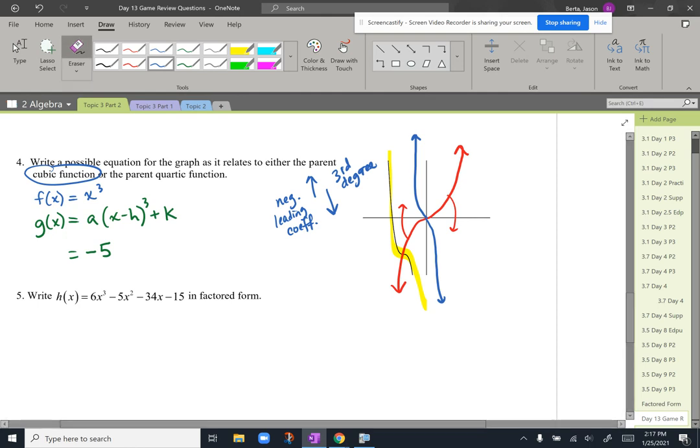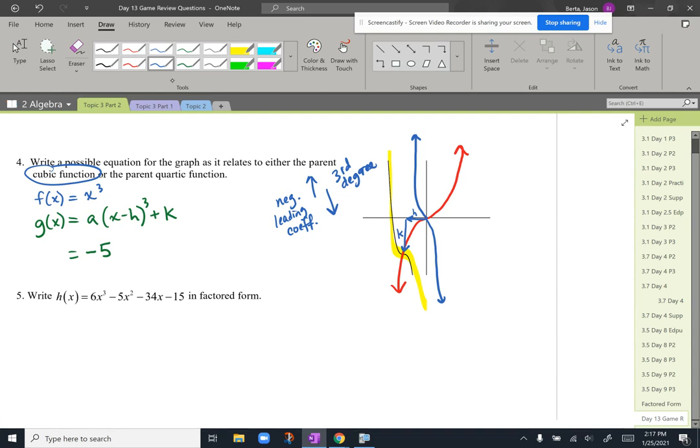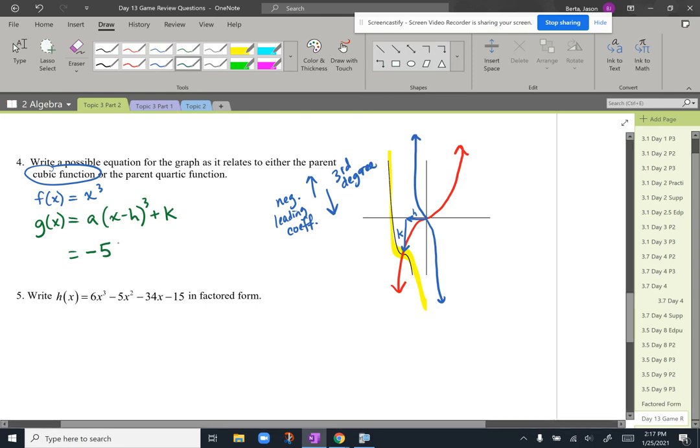Now I still see that I have more work to do. I need to shift this function over to the left, h units, and down, k units. Again, it doesn't really matter what the values are here, the key is to make sure you have the right kind of sign.